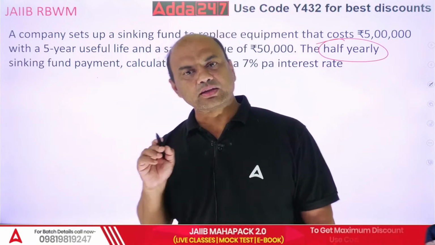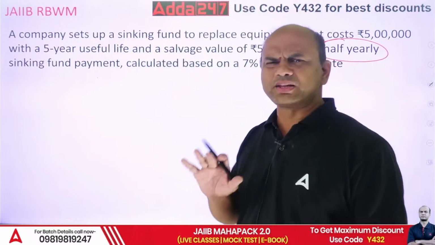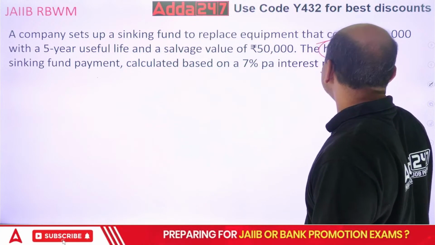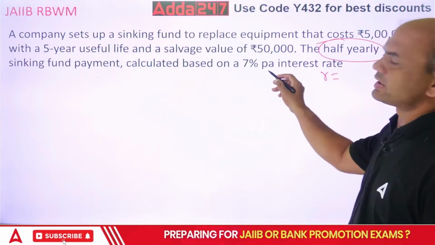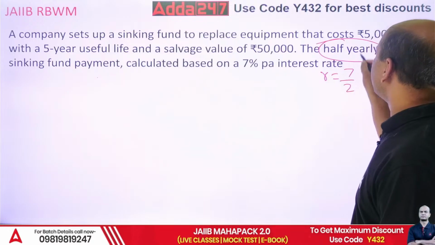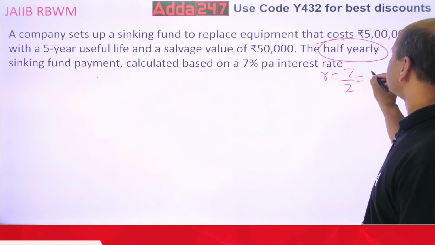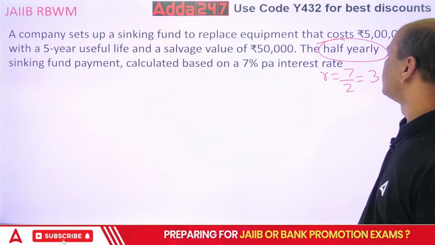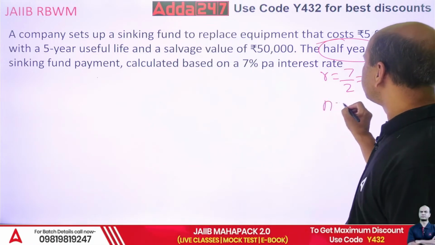Whenever you are doing anything half-yearly, the formula is the same. Only what you do, R equals to whatever is given divided by 2. So 7 upon 2, half yearly, 3.5%. N is multiplied by 2.